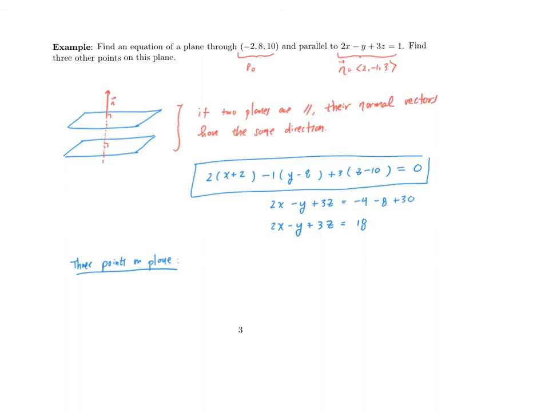And what I would like us to think about here is how can we come up with 3 points on the plane, or even as a starting point, a single point on the plane. That is a triplet of points, x, y, and z, that satisfies this equation.